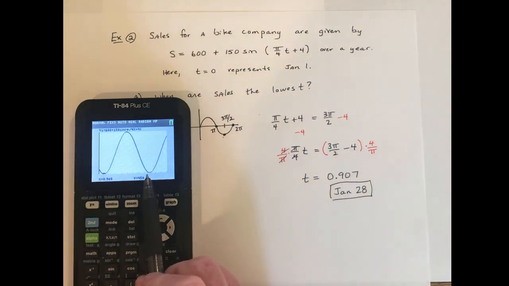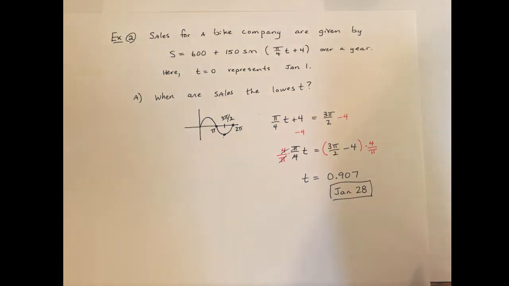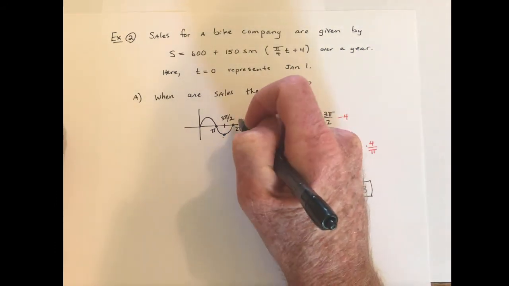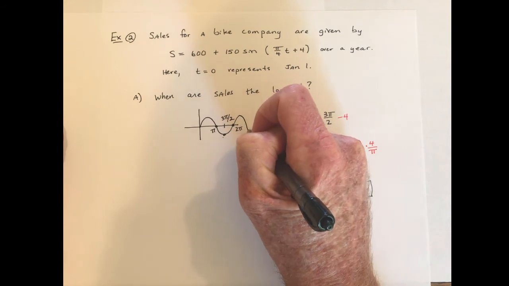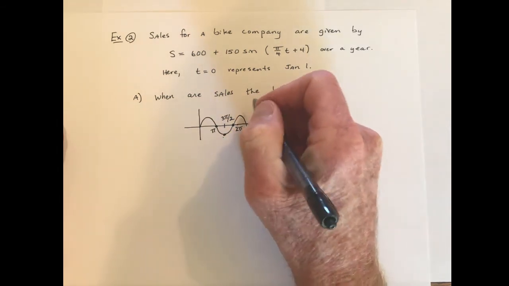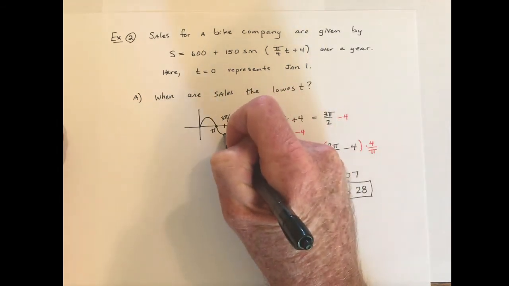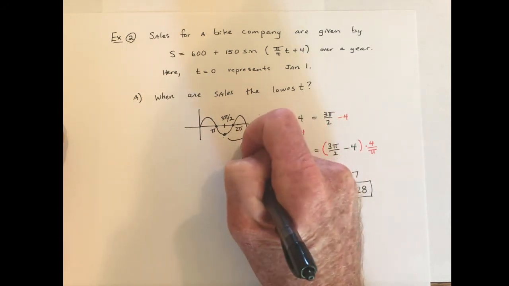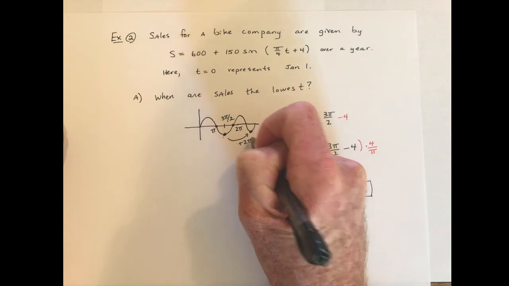Now, if you look at the graph, there's another time over here. So if you need another solution, then you would draw another cycle of sine. And then to get from here to here, that is a length of 2 pi. So add 2 pi.